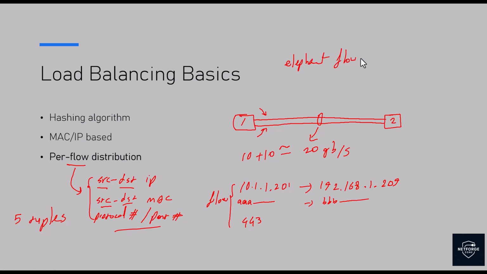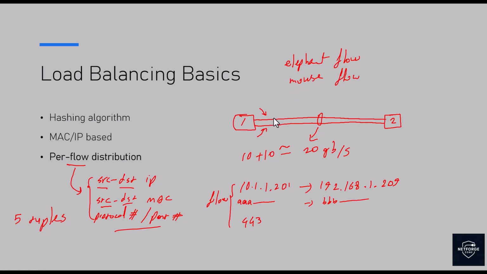Let's say, for example, you are downloading a 10 gigabit file from the same source to the same destination, 10 gigabits of data. Some of them are called mouse flows. Let's say, for example, an HTTP request. It is a very small packet, right? Or an HTTP response. It's going to be something like 2, 3, 5 megabits, not more than that, right?